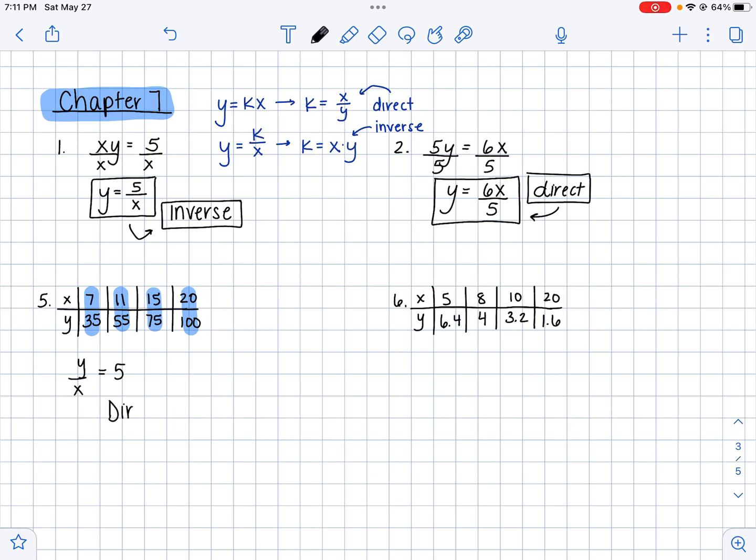So when you divide them, this is direct variation for your equation. Looking at number 6, I know that I can't divide them, but when I multiply all of these, I get 32. So x times y is equal to 32, and that matches the inverse variation.